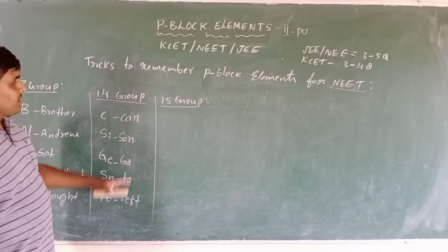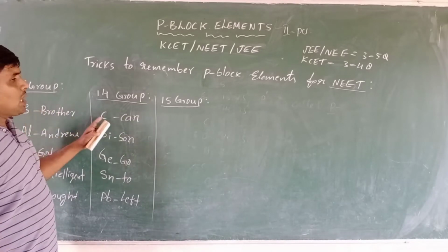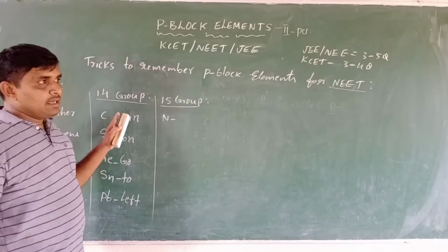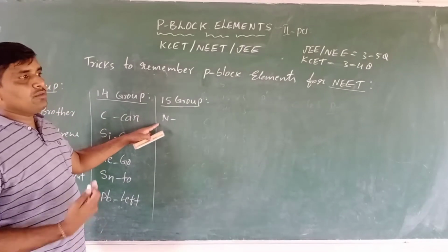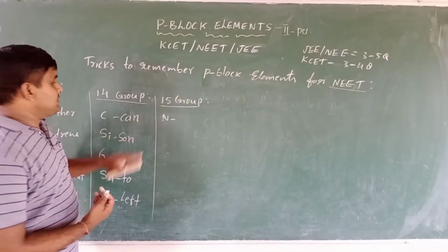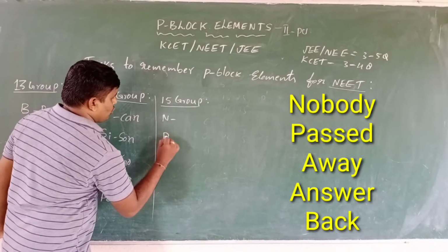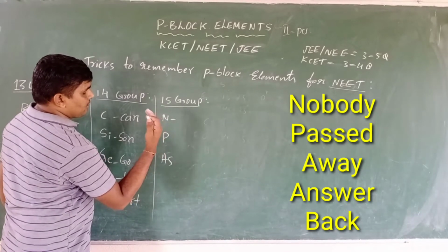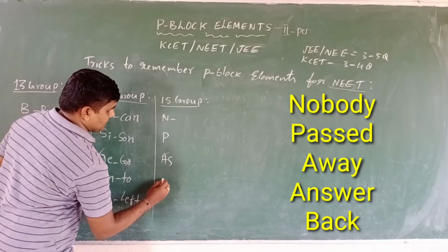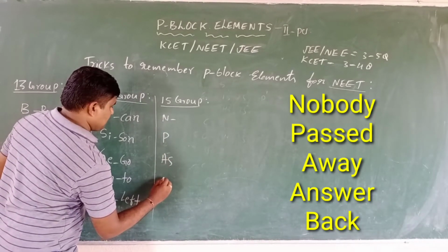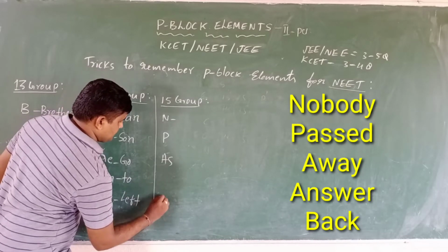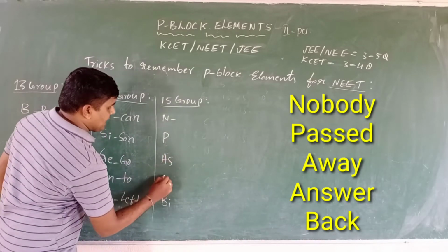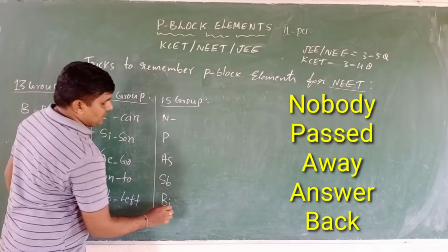Now we can see the 15th group. After boron and carbon, the next one is the nitrogen family. How can you remember it using a hint? Nobody passed away. Answer back. That is nitrogen, phosphorus, arsenic, antimony and bismuth.